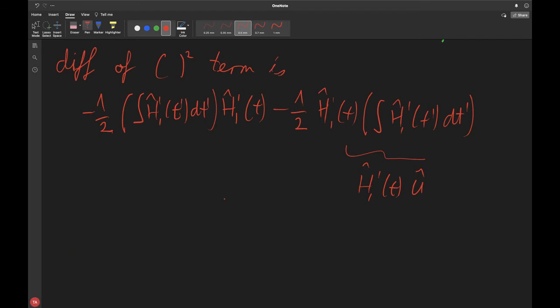These are operators, so we cannot just say, let's just move this guy. It cannot go there because for matrices or operators, H_I prime hat at t prime commuted with H_I prime hat at t is not zero.